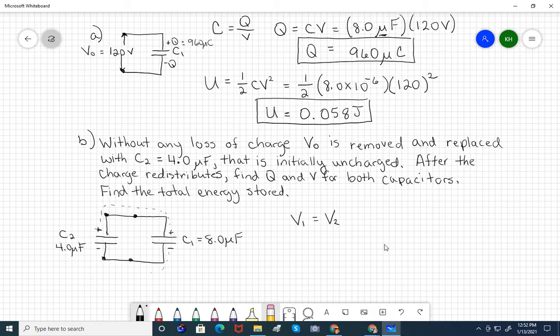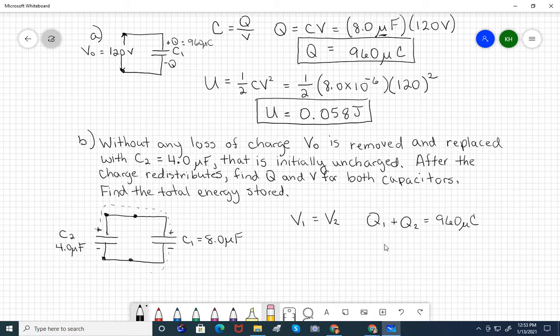We know that the total amount of charge on this plate was 960 microcoulombs. When that charge redistributes over 2 capacitors, the total will still be 960. So we know Q1 plus Q2 has to be 960 microcoulombs. We cannot create or destroy charge. We can only redistribute it.